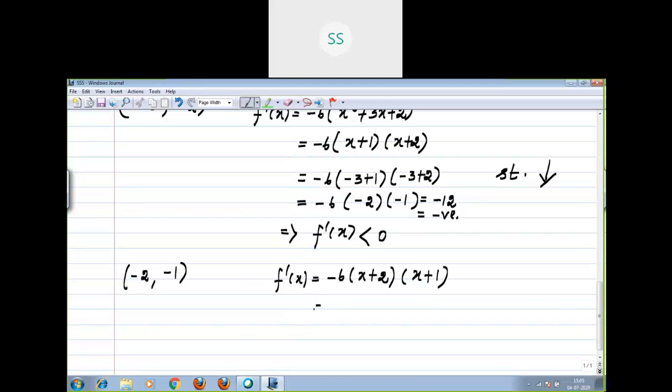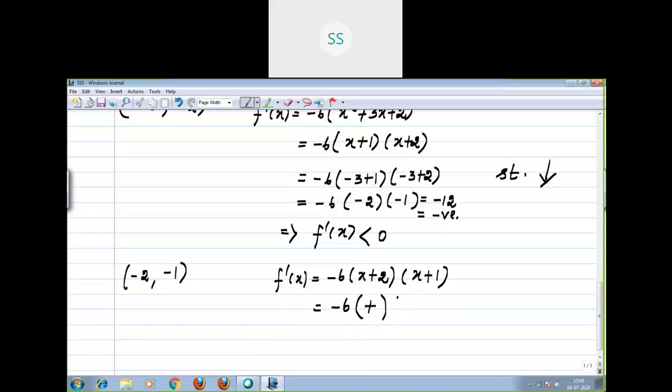Here minus 6. Here it becomes, what can you get? For example, suppose you are assigning x value as minus 1.5. If you substitute, what will you get here? Positive. That is minus 1.5 plus 2, that means 0.5. 0.5 is nothing but positive.